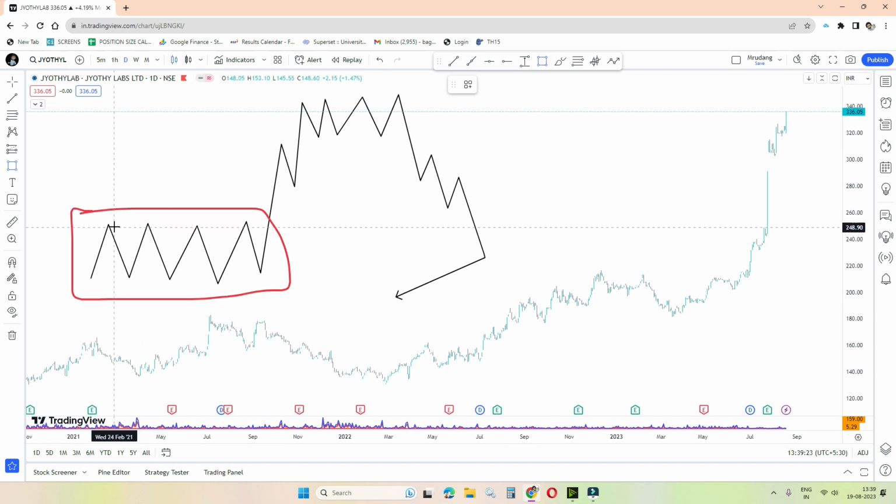So the tops and bottoms are the key levels in this type of market. Whenever the market is not going anywhere, the tops and bottoms become our key levels.